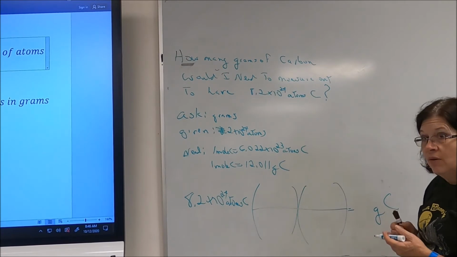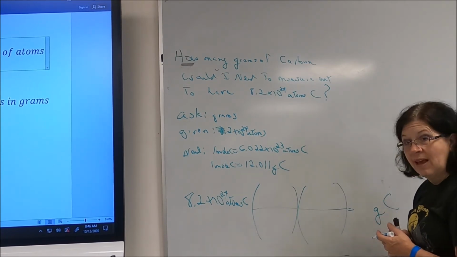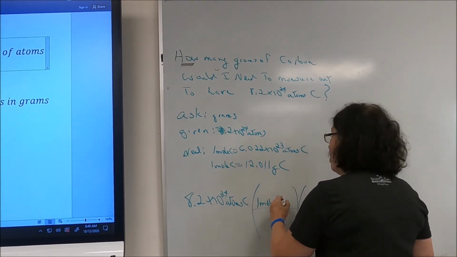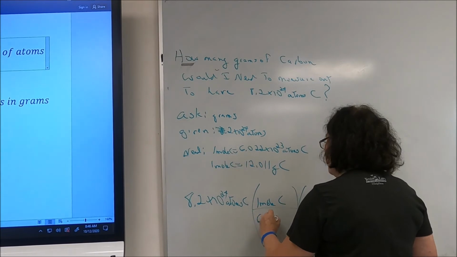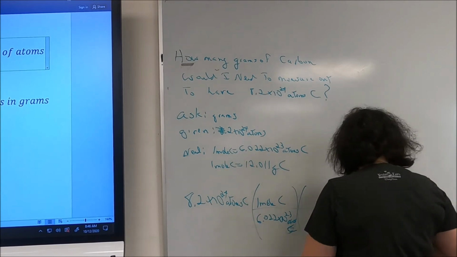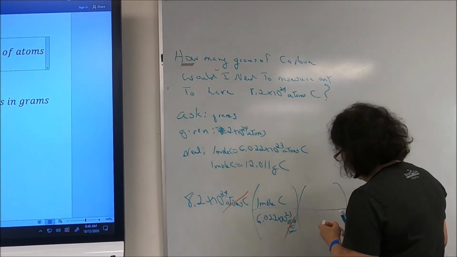Now, let your units be your guide. I'm going from atoms, so the first place I go from atoms is moles. So I'm going to go 1 mole of carbon on top, 6.022 times 10 to the 23 atoms of carbon on bottom. So you can now see that atoms of carbon have divided out.